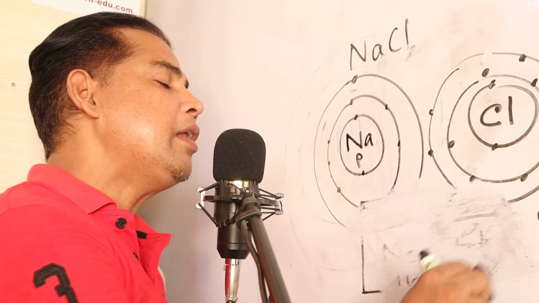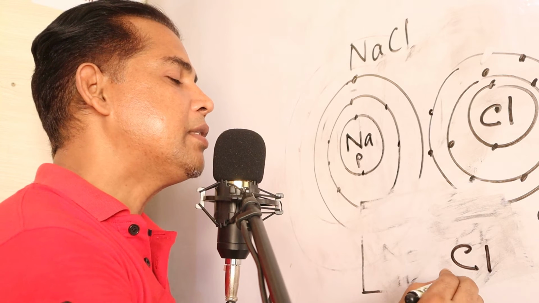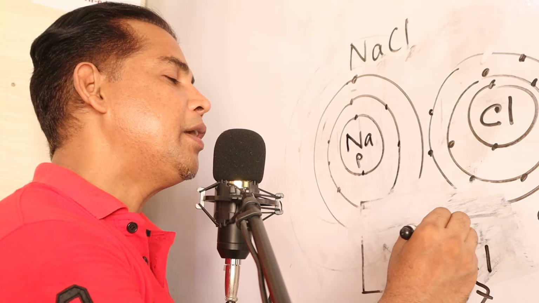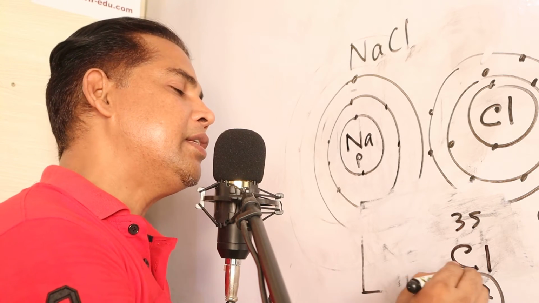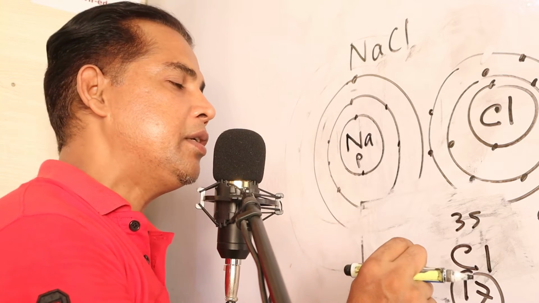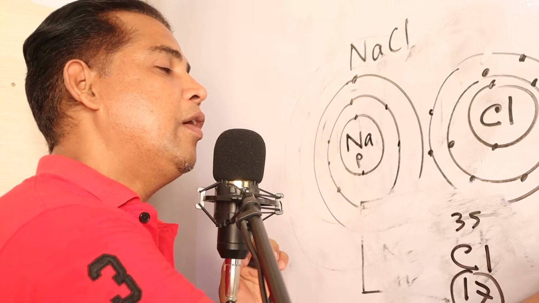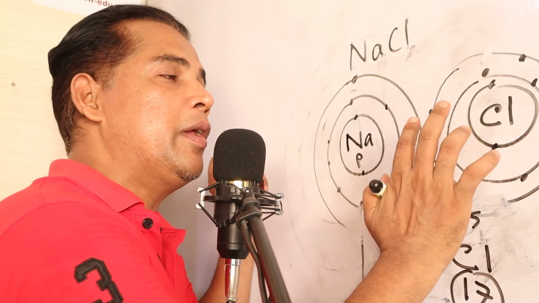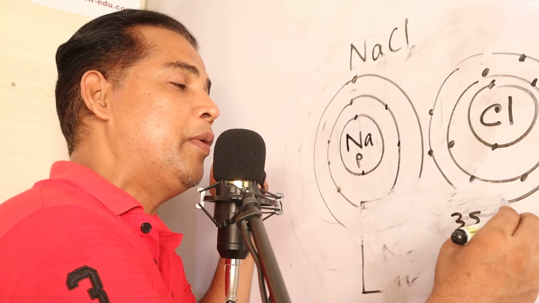So chlorine has 17 downside and the mass number 35 upside. This 17 is today's discussion, because it is applicable. You can see that this chlorine is a normal chlorine because it has an equal number of electrons and protons.